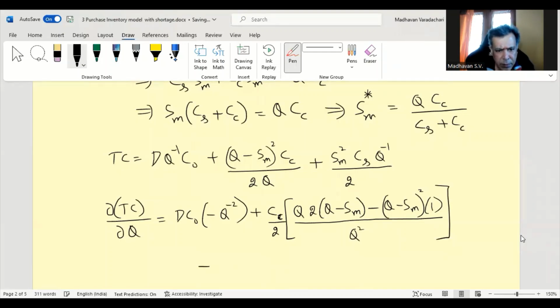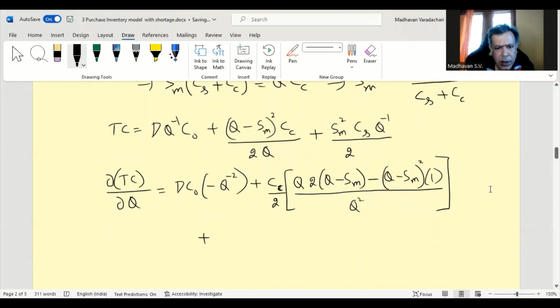Plus the last term. We may notice this Sm square Cs by 2. All these are considered as constant. Sm square Cs by 2. And if I differentiate Q inverse, I get minus Q to the power of minus 2. And now this first derivative is equated to 0.